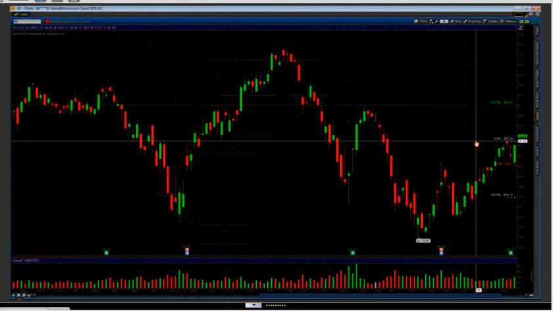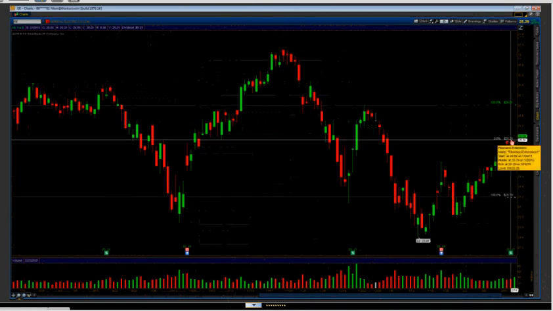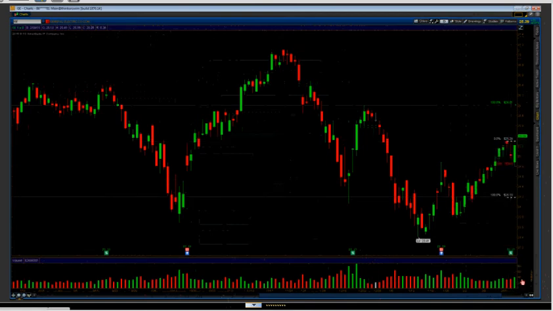That zero line is still valid, right? A zero line that produced a 24.19 pullback target is still valid until what? Till it goes above it, right?